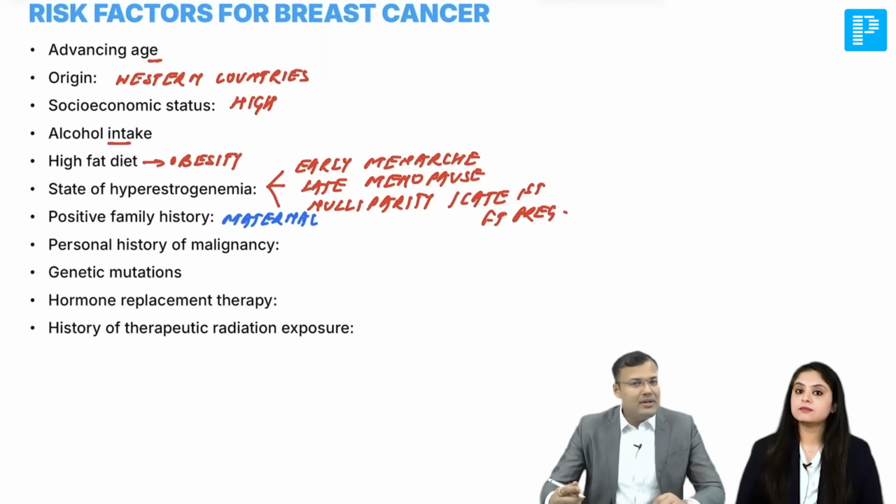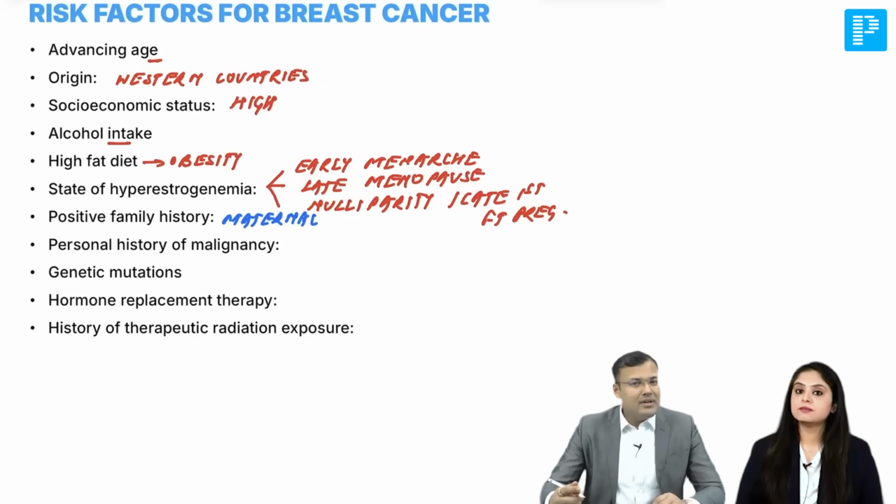Next, personal history of malignancy. Can you tell me which malignancies are adenocarcinomas and common in females? Yes, ovarian cancer and endometrial cancer. So personal history of malignancy: which one? Ovarian cancer and endometrial cancer.